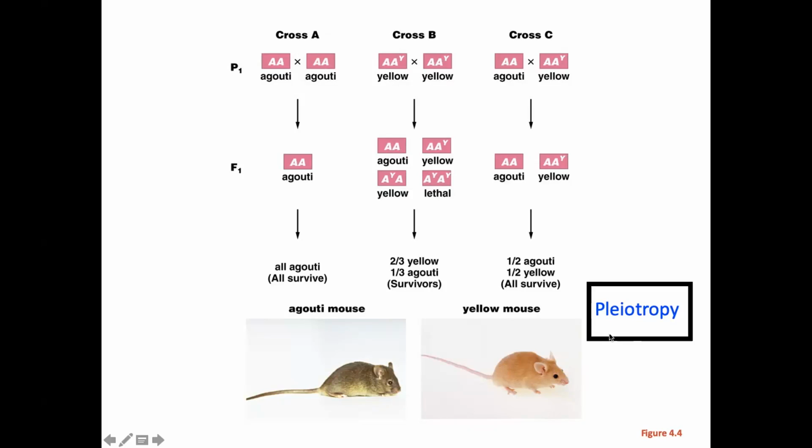So there's a lot going on in this particular example that you should be familiar with: the concept of pleiotropy, the concept of how recessive alleles distort Mendelian phenotypic segregation ratios, and the idea of the relative nature of allelic relationships.